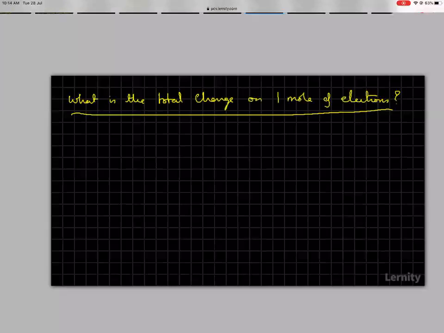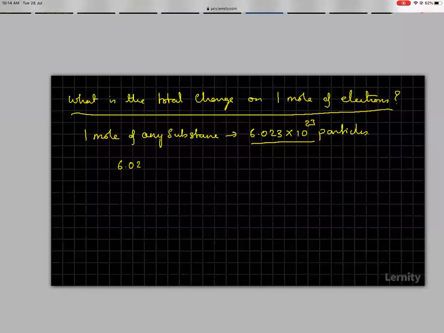So 1 mole of any substance is 6.023 into 10 power 23 particles. So 1 mole of electrons is 6.023 into 10 power 23 into 1.6 into 10 power minus 19. So this will be the total charge.